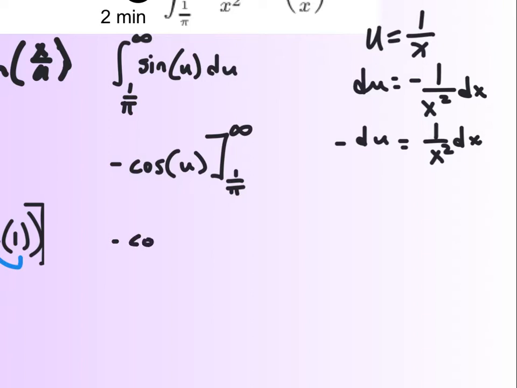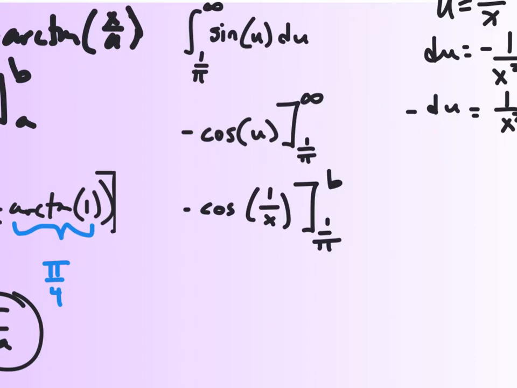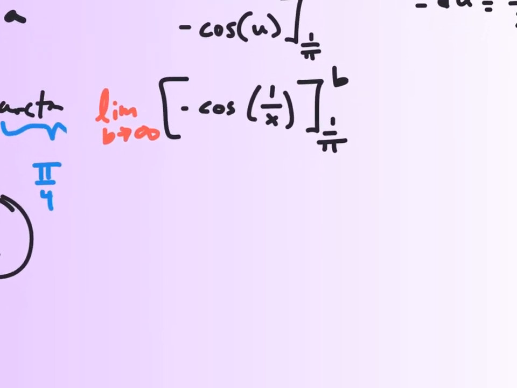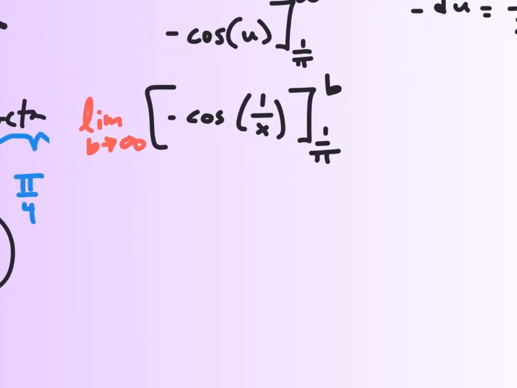So it'd be negative cosine of 1 over x from 1 over pi to b. Let's throw that limit on the front of it too. I'll put the limit as b goes to infinity of that. Alright, let's evaluate. Actually, if you would, you can go ahead and pause, and I'll do this on my own.